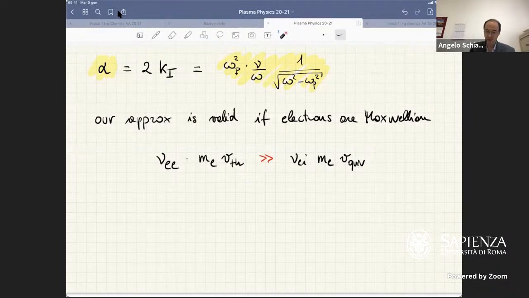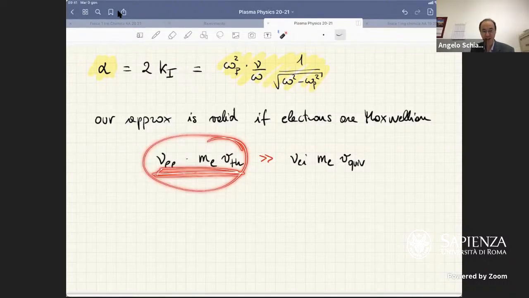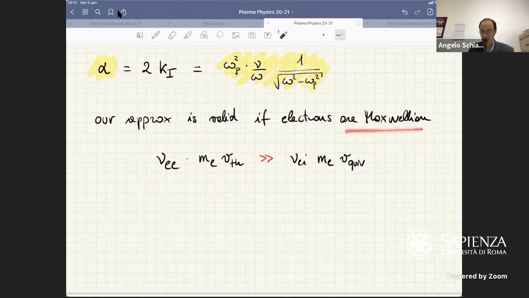If we require this, it means that the electrons will be very fast in reaching a Maxwellian distribution, and on a longer time scale, they will share the momentum acquired by the wave, the electromagnetic wave, with the ions.